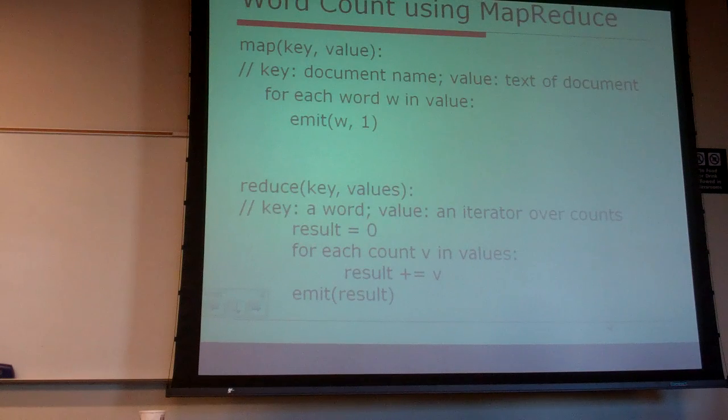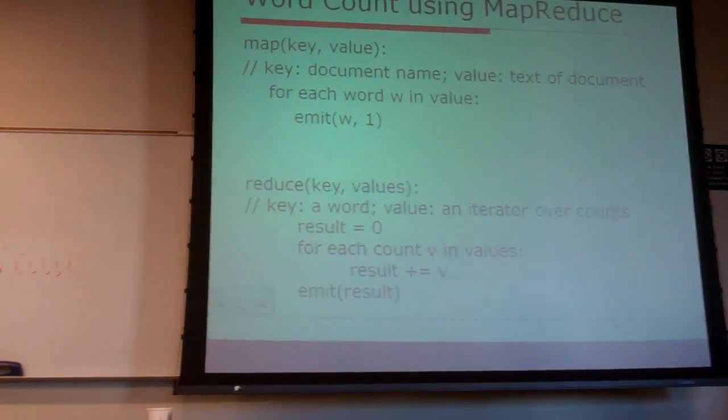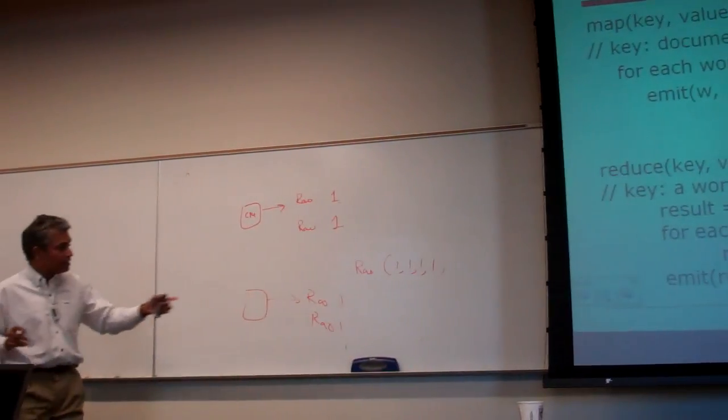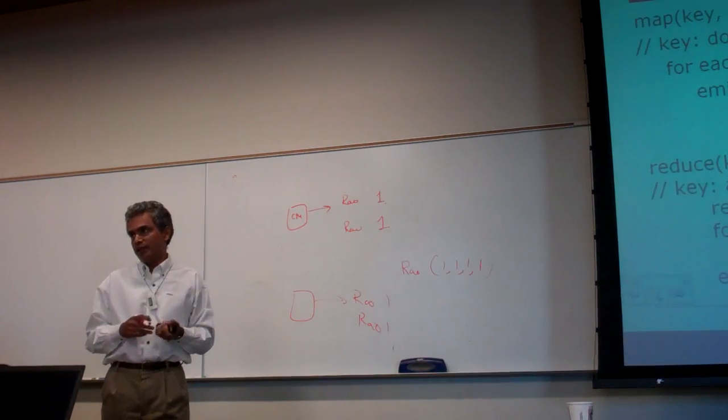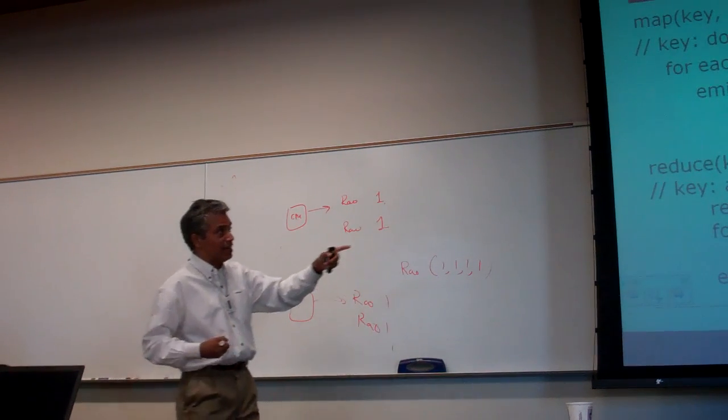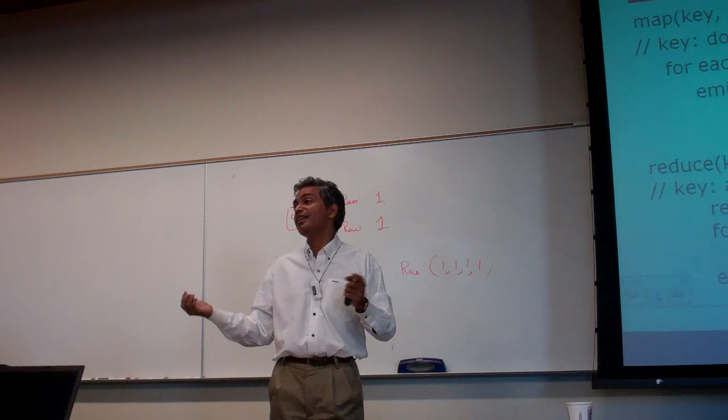And then here's another CPU. It too put raw 1, raw 1. So in the reduction phase, I basically have raw with 1, 1, 1, 1. That's my list. In this particular case, I'm just counting the number of occurrences of a word in a single document.